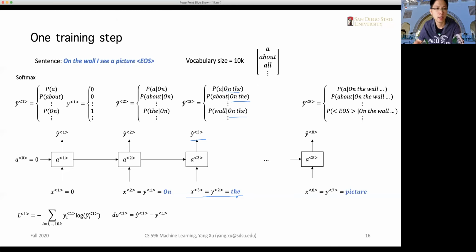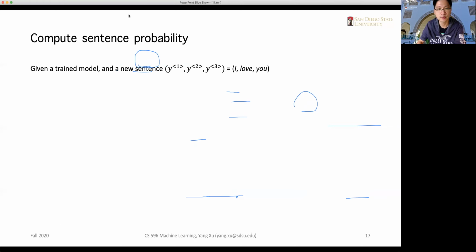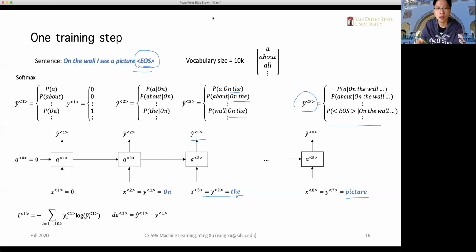We will use the seventh word, picture, as input, and then we will compare y hat, a bunch of probabilities, with the last token, which is the special end-of-sentence token. This end-of-sentence token also gets a 1-hot encoding representation. So that's basically how we train the neural network model given an input sentence.